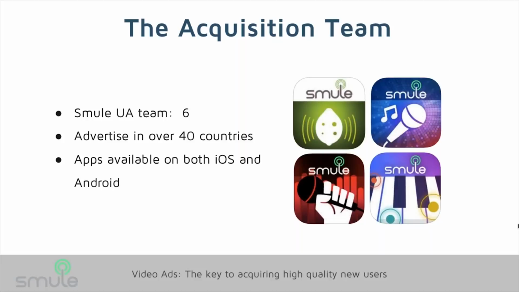To give a little bit of background on the user acquisition team, our team is quite small, which is 6 people managing advertising in over 40 countries. As you can see here, this is just a sample of our apps. It's definitely the Sing app that is the most engaging and really a music social networking app that we have.